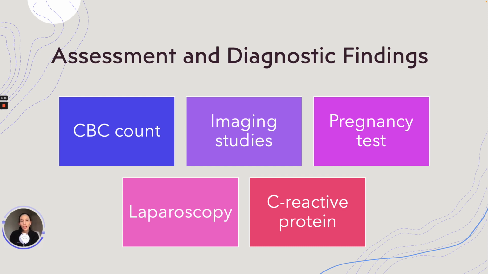We can do a laparoscopy, which may be used to rule out acute appendicitis in certain cases. And we can use C-reactive protein, a protein produced by the liver when bacterial infections occur, which rapidly increases within the first 12 hours.